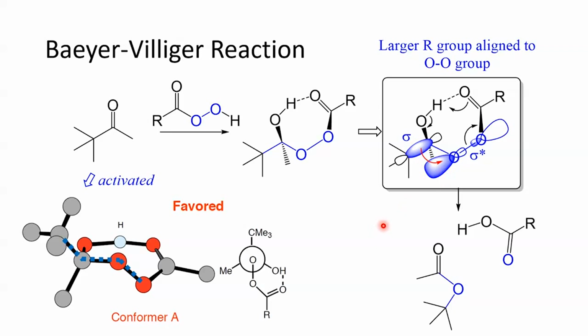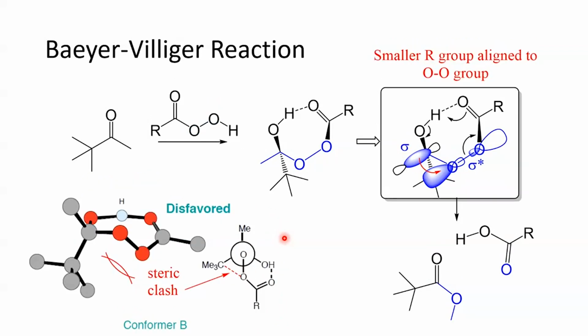In terms of how the reaction proceeds, essentially the electrons in this sigma bond for the tert-butyl group slide over, creating this product shown here and releasing this carboxylic acid. You can see the movement of electrons shown in the arrows here. Another way of considering the reaction is, once the bulky peroxide attaches to the ketone, we want to orient the bulkiest ketone substituent directly away from it.